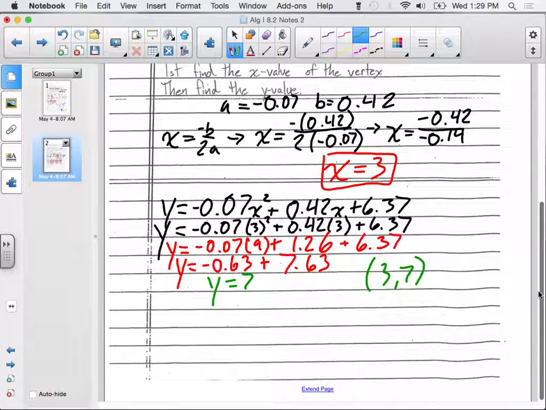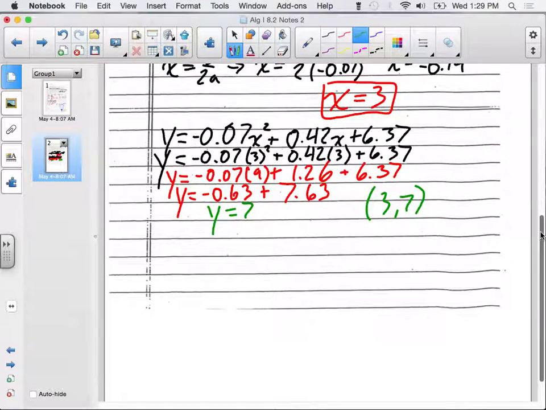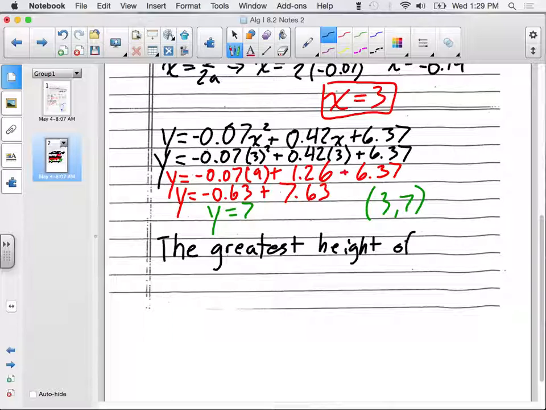So if we want to write this out in a sentence, the greatest height of the rise is what? 7 what? 7 monkeys? 7 feet. Yes. 7 feet.